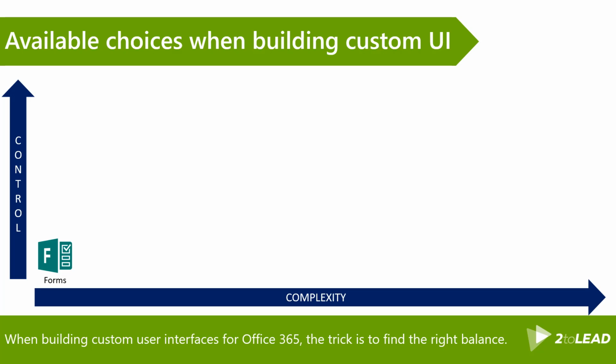But the more you go to the right, you'll also have complexity. So the tool might be enabling you to do more things, but it will also require more technical skills and might take more technical implementation time, and so on.